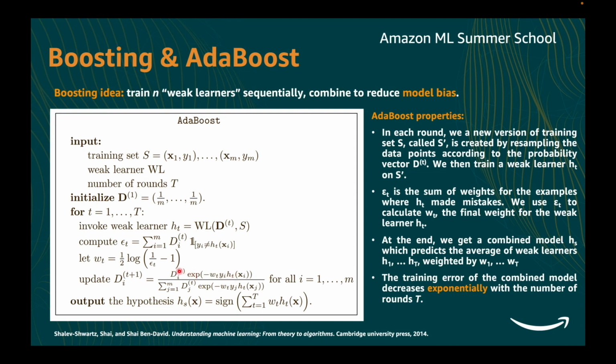And you multiply that by the existing probability score, and you do this for each of the m data points' probability scores. You multiply each of them by this term, then you take the sum of them, and you divide each of the probability scores weighted by that term. So that way you get the new value of your probability score, right?